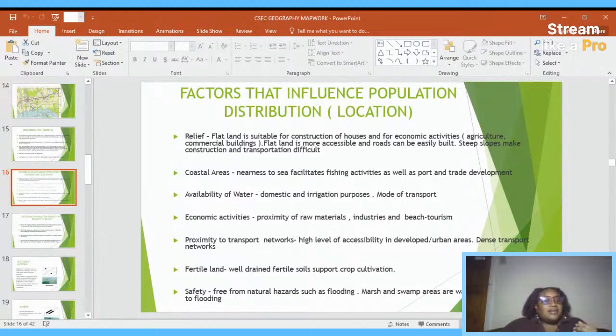Initially, right back then, rivers were very important. I think I gave the example that in Trinidad and Tobago, our first capital was St. Joseph, right? And why was St. Joseph chosen as the first capital? Of course, because the ships used to come up that river.